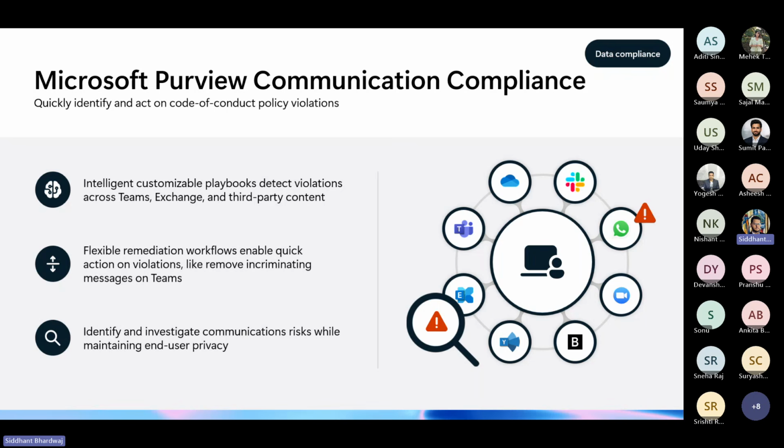So what communication compliance does is it has customizable playbooks which you can modify according to your organization. It detects violations across third-party content, Teams, Exchange, and flexibly remediates these through removal of messages and blocking of sending. It automatically removes any incriminating messages on Teams. It helps you identify and investigate communication risk while maintaining end user privacy.